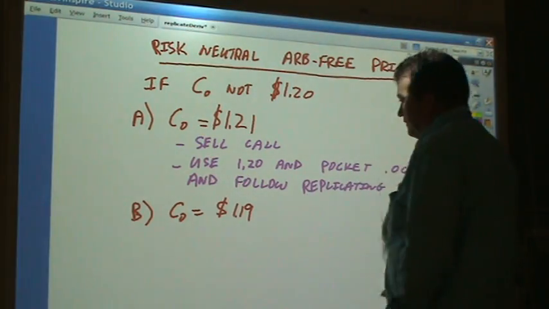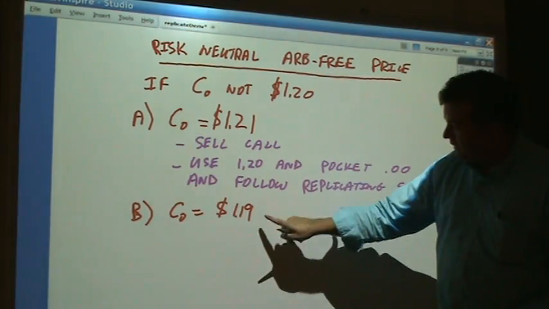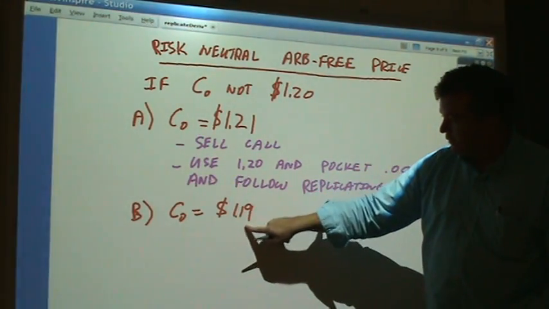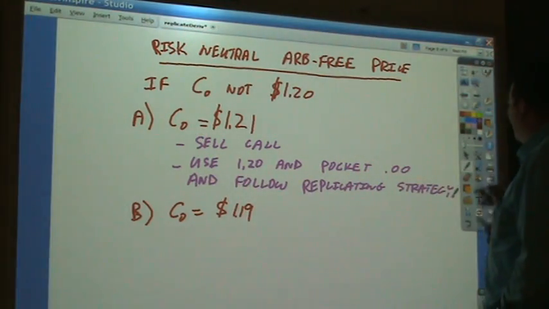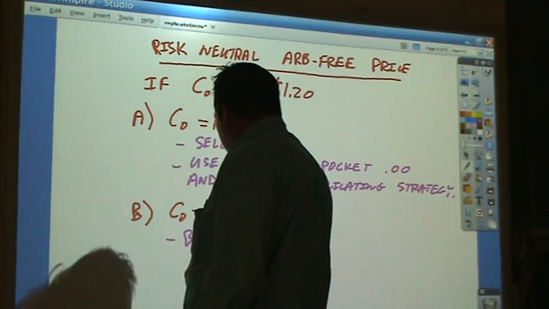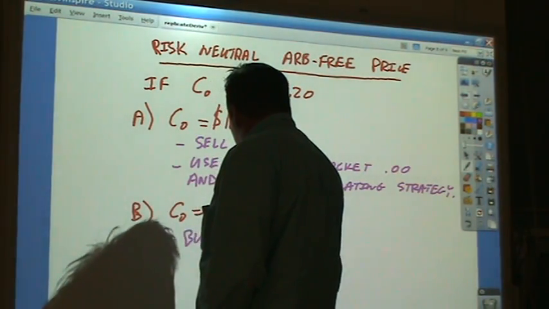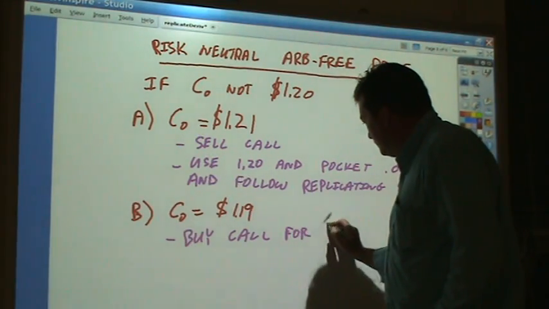The replicating strategy we did before. If the price of the call was going for $1.19 or any number less than $1.19, what could we do? Exact opposite. So we could buy the call for $1.19.